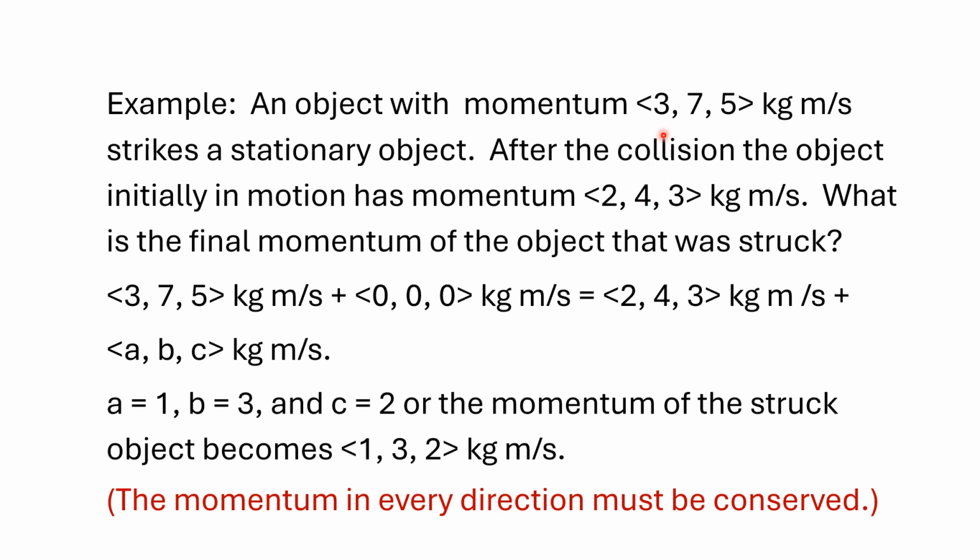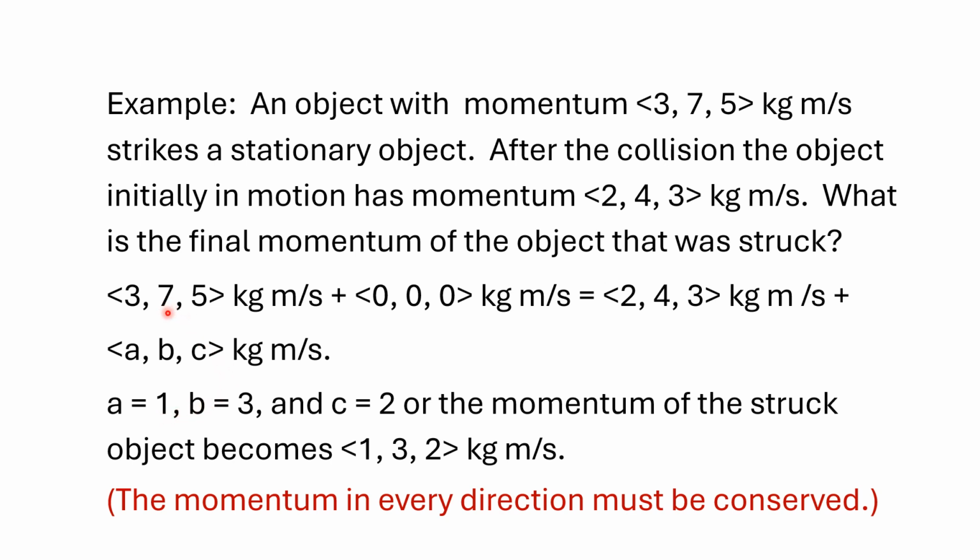Well, these numbers represent components of the vector. So in the x direction, we have 3 plus 0 equals 2 plus a, or a equals 1.